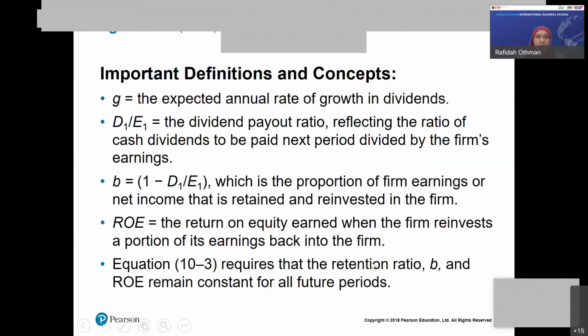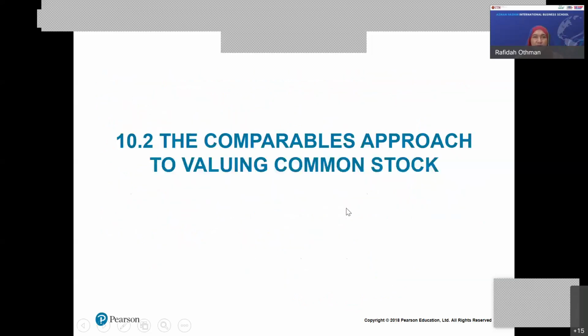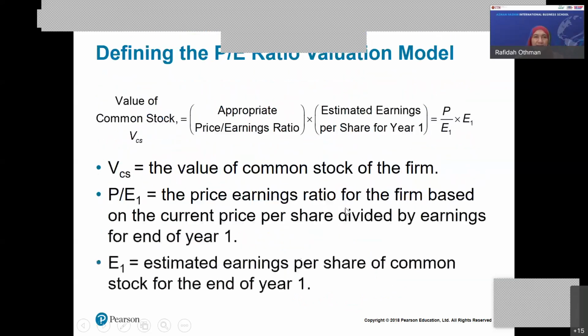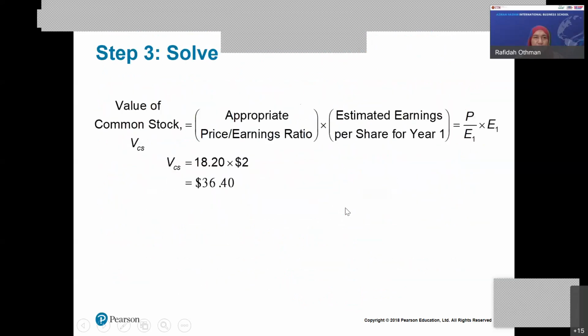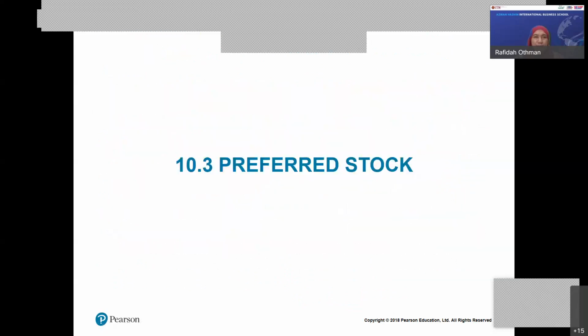So I want you to look into all these important definitions. And let's see the preferred stock valuation. For common stock, the dividend is not fixed, meaning that we expect growth.